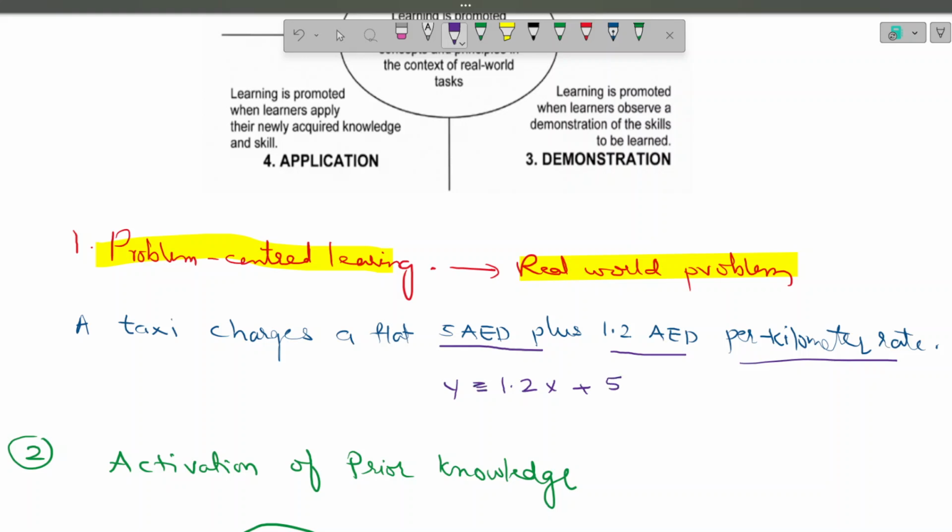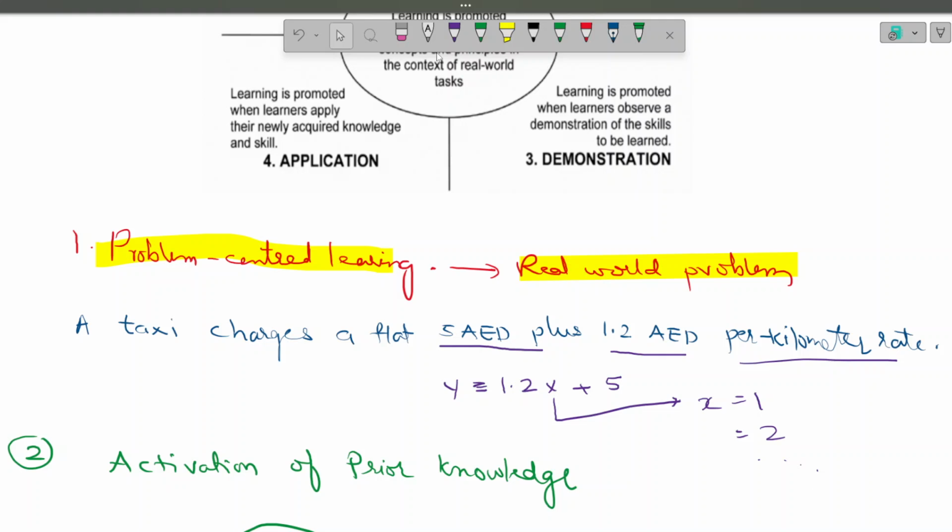Here x is the number of kilometers. If he goes 1 kilometer, he has to pay 6.2. Like that for 2 kilometers. It depends on how many kilometers he is going. So it becomes a formula for this type of problem. It is an application to a real world problem, of what students have learned. Problem centered learning means the problem should be application based.